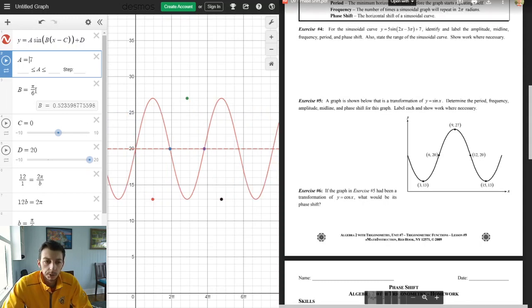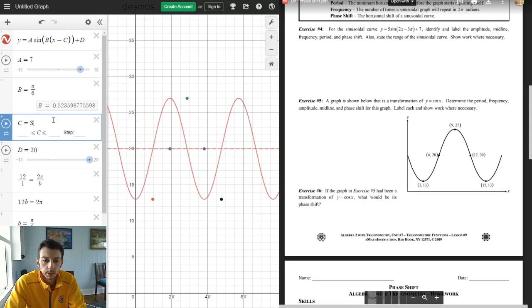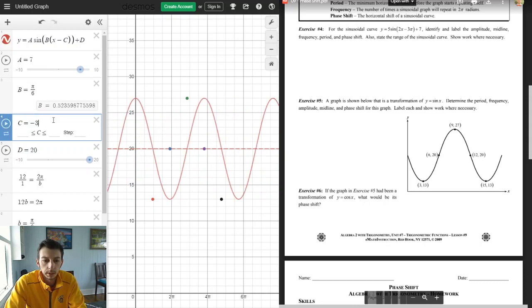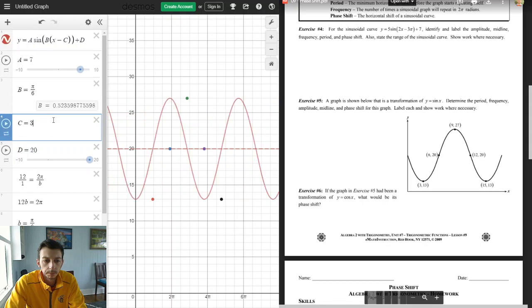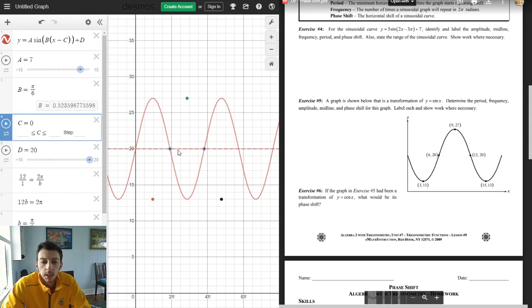So if I make the amplitude positive and I just shift it by 90 degrees, or in this case, I have to make my shift based on the number 3. It's not degrees. So if I make this -3, actually, let me put that back to 0 for a second, because I want to shift this value back to the beginning.